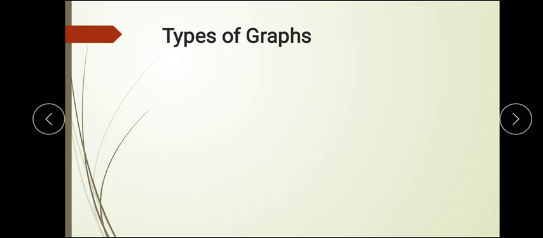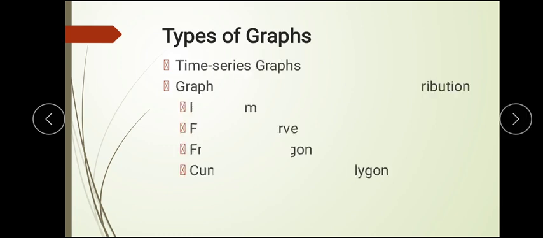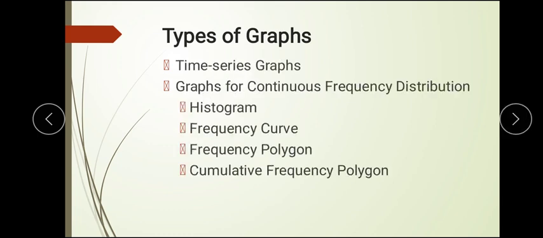Let's go to the first, that is types of graphs. Here there are different types of graphs, namely time series graphs, graphs for continuous frequency distribution like histograms, frequency curve, frequency polygon, cumulative frequency polygon, and lastly logarithmic graphs. We are not going to study these in detail.